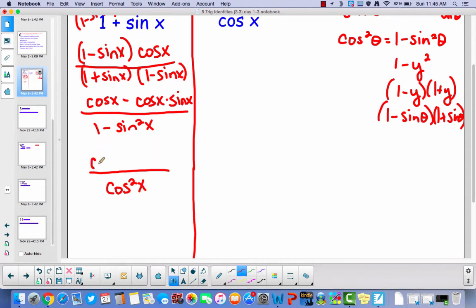Our numerator is cosine of x minus cosine of x times the sine of x. Now maybe what I wanted to do, if I had left this unmultiplied out, if I had left it factored, I might see something I can do. So I'm going to factor that cosine of x back out.